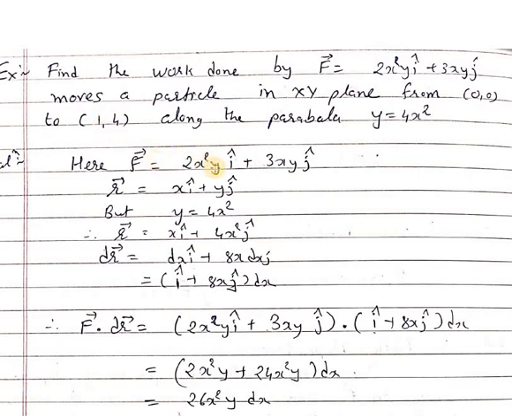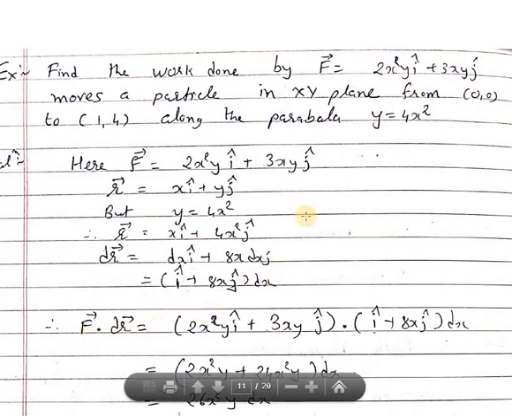F bar is equal to 2x square y i plus 3xy j, and r bar is x i plus y j because it is in the xy plane. But y is equal to 4x square, so you put y equal to 4x square, then your r bar reduces to x i plus 4x square j, and that will give you dr equal to dx i plus 8x dx j. Taking dx common, you have (i plus 8x j) dx.